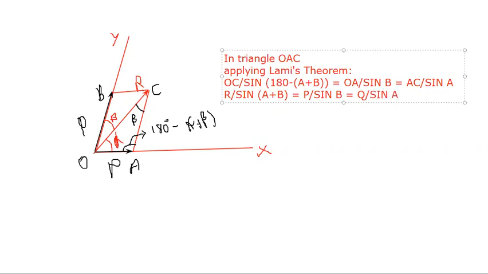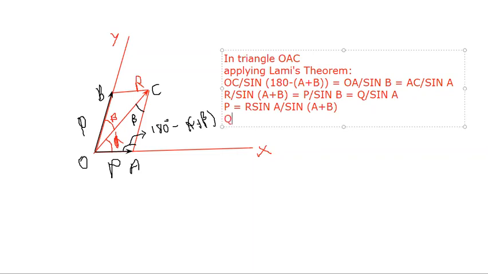So from here you can find out P in terms of R. So what is P? P will be equal to R sine alpha by sine alpha plus beta, right?